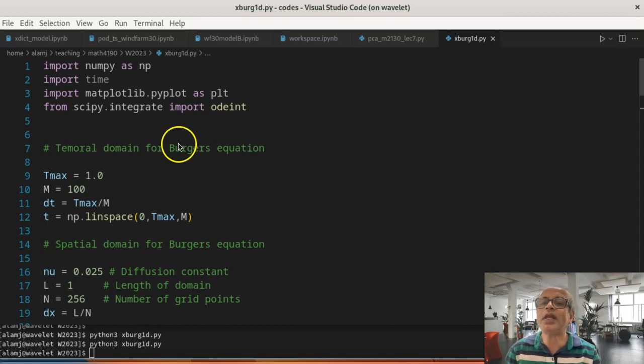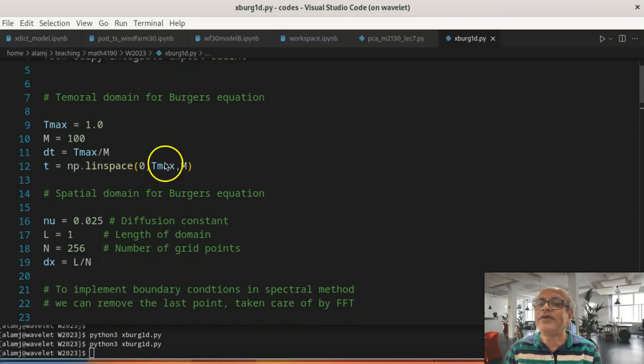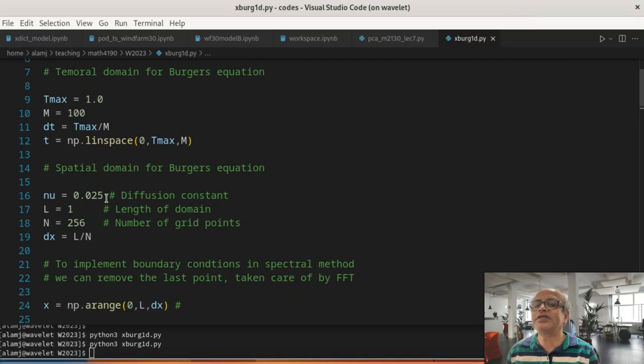Okay, so first, between line 9 and 12, we set the temporal domain, or time domain. I'm going to take the maximum t as 1 and a number of time steps 100, and I have dt and t. So we first discretize the time domain and create a discrete time variable, and similarly we do it for the space.